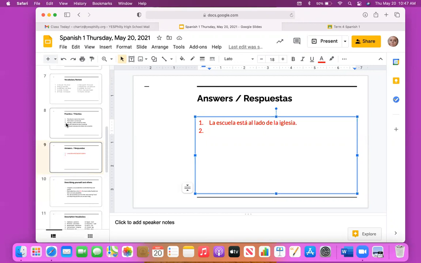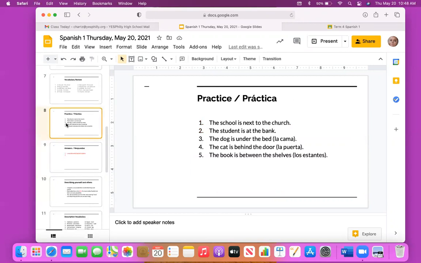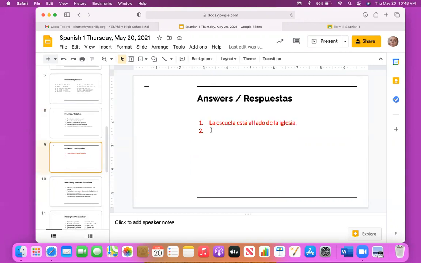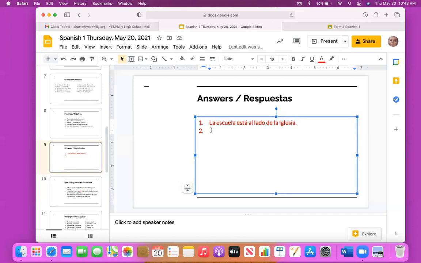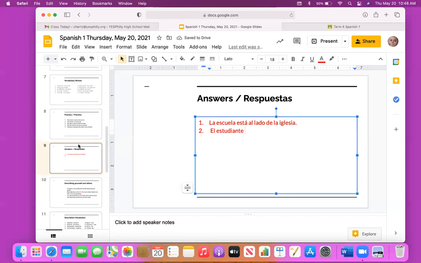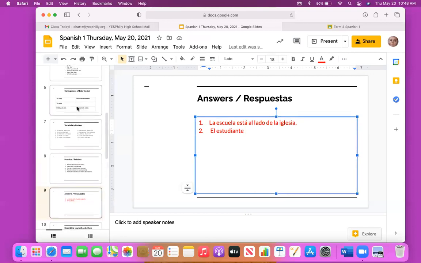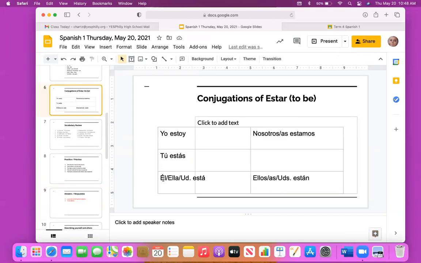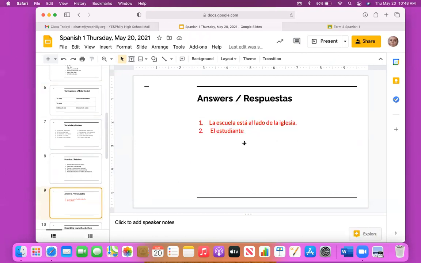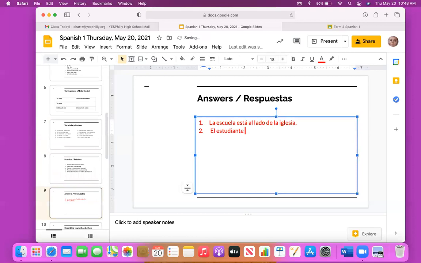Okay, so for our next sentence, it says the student is at the bank. So remember, the student is either el or la estudiante. We're gonna conjugate is at the bank. So he is at the bank, right? He, so it's está. And then at, how do we say that?